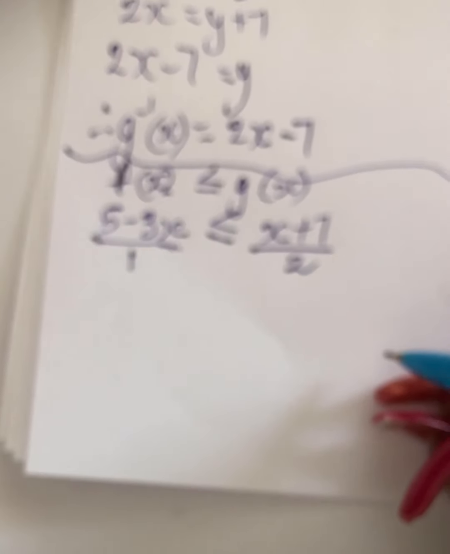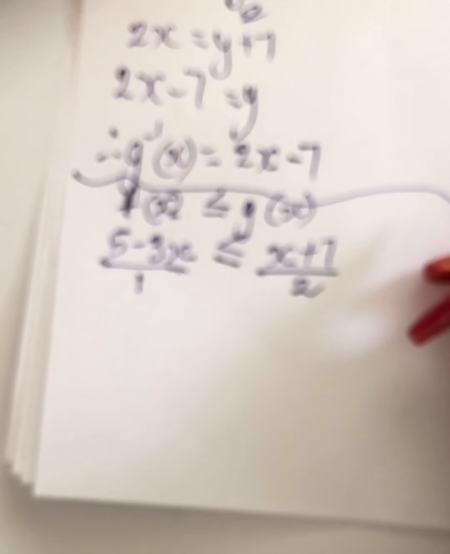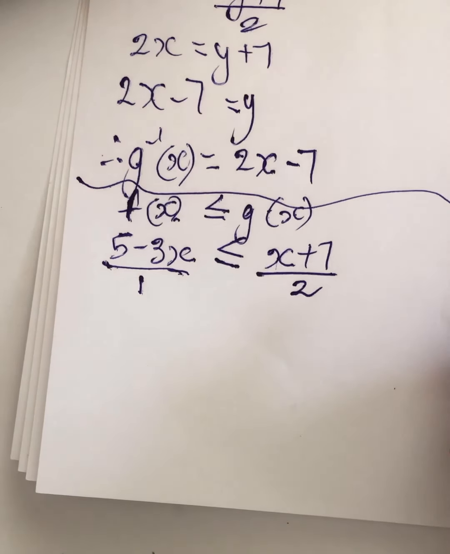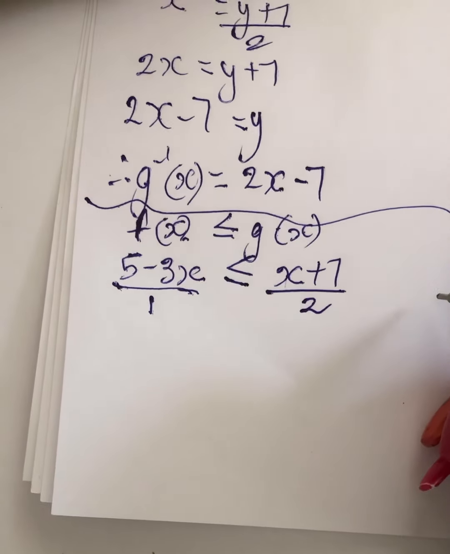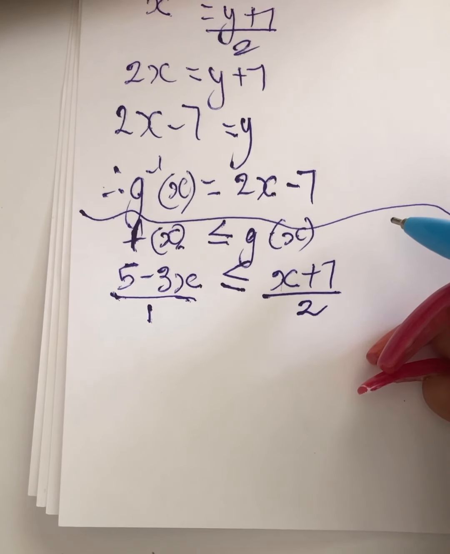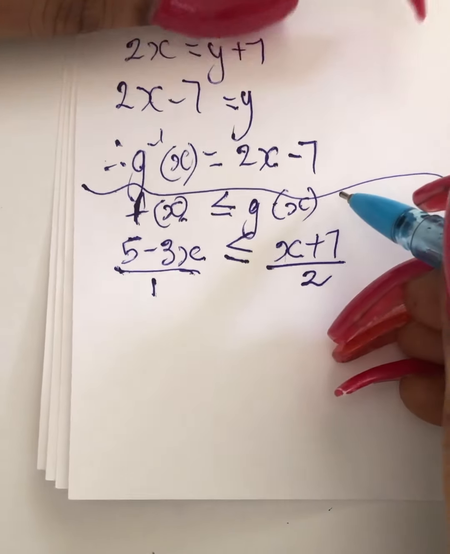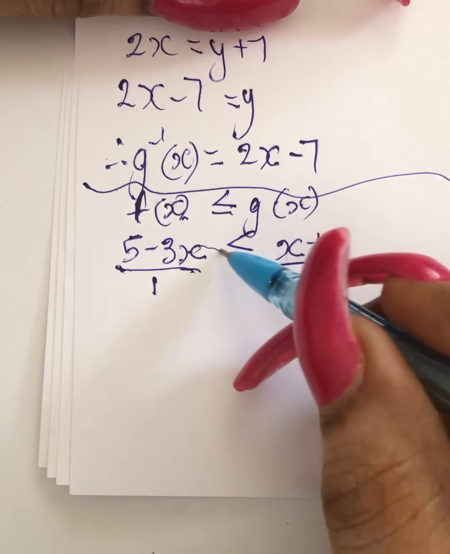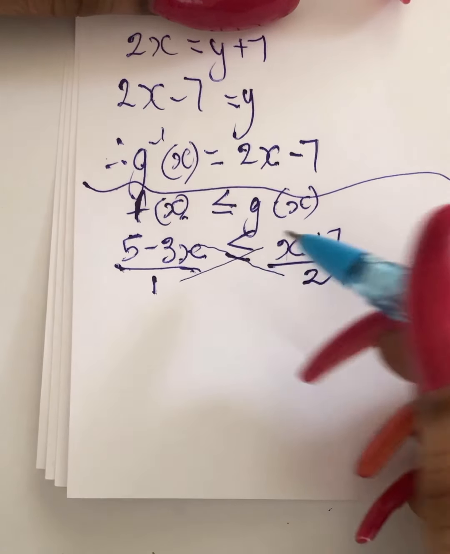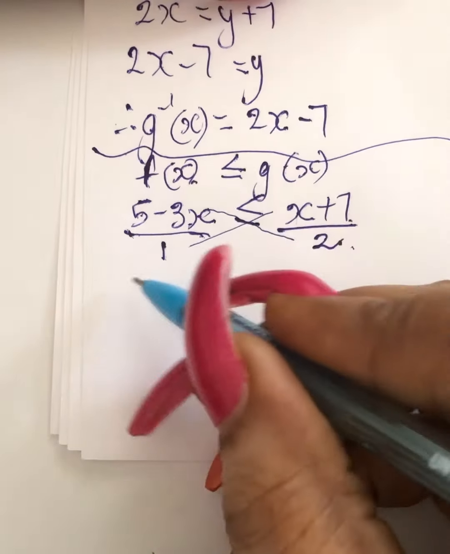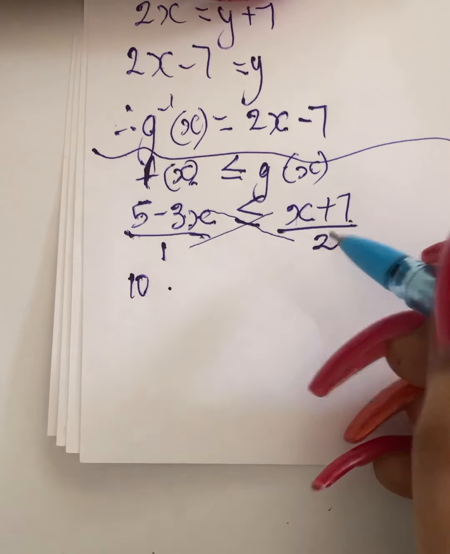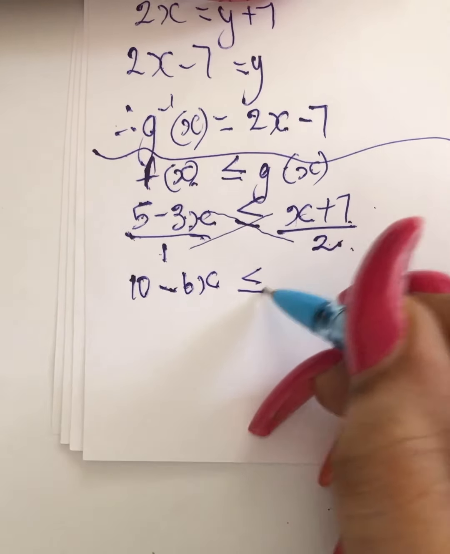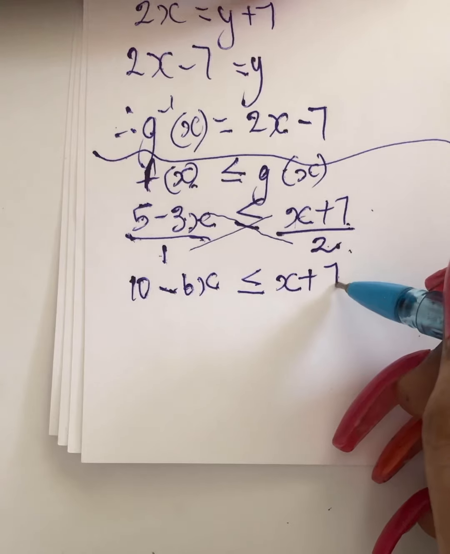Good? So when we cross multiply, okay, my camera seems to be blurry. It looks better now. I'm wondering if my entire video was blurry earlier. Anyway, I'll recap. So now that we have our inequality, we solve when we cross multiply. So look carefully. 5 times 2, 3 times 2, and 1 is multiplied by this numerator, so I'm going to get back the exact same thing, which is x plus 7.